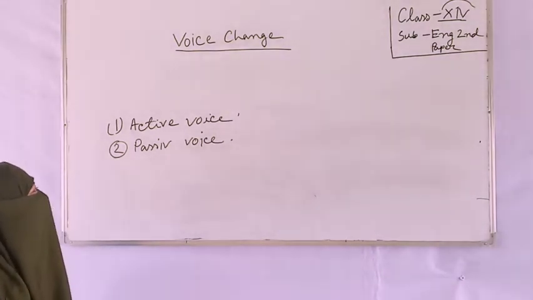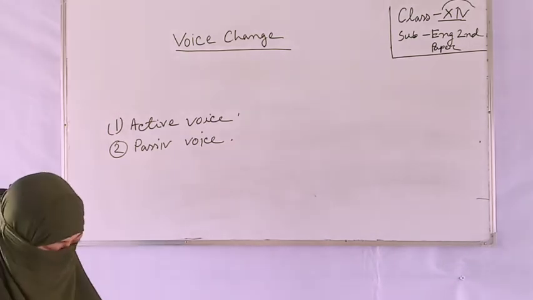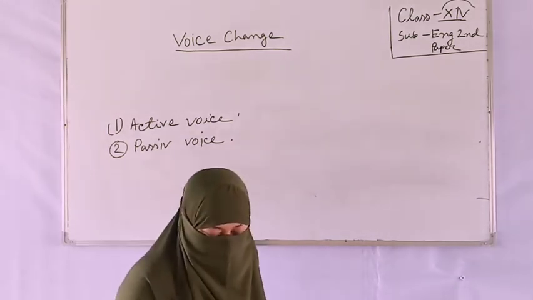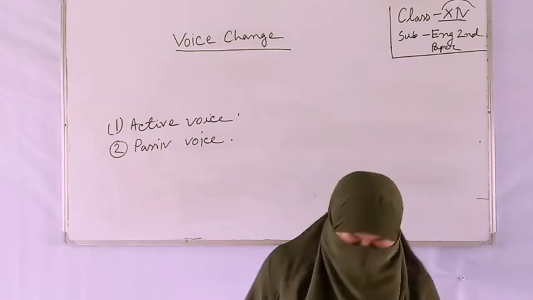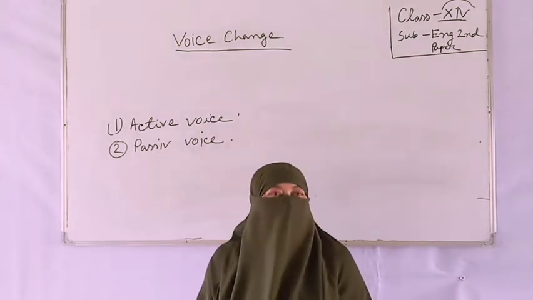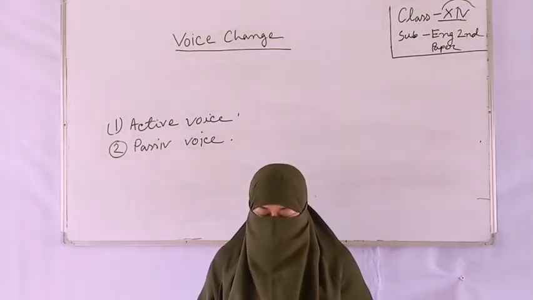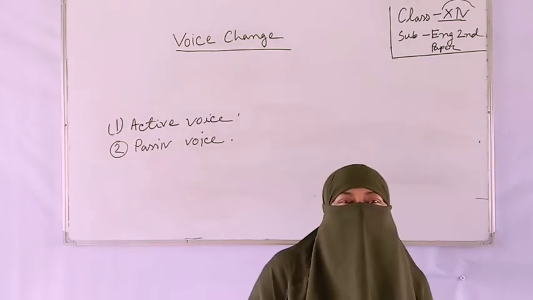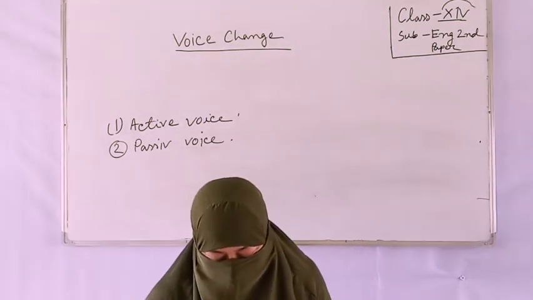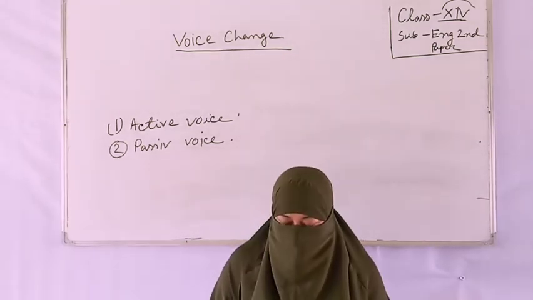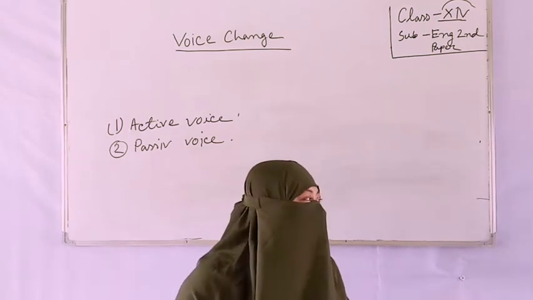Active voice. What is active voice? When the subject of a sentence is the doer or actor, the verb is in active voice. It is so because the subject is active.